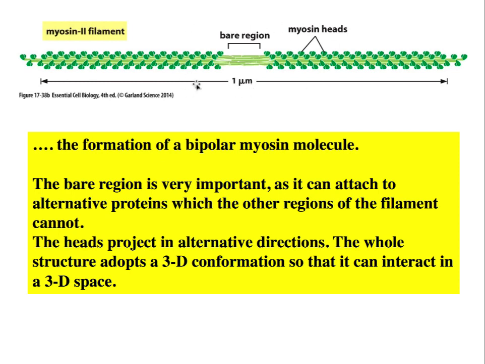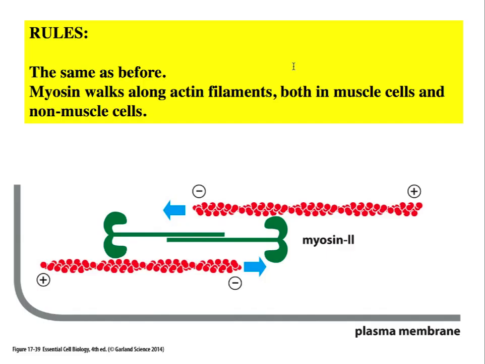And it's this structure which makes part of the sarcomere that we find in striated muscle cells. So this myosin filament is very important, and it forms naturally in the presence of monomers. Please be reminded that muscle cells, striated muscle cells, are not the only place in which we find association between myosin type 2 and actin.